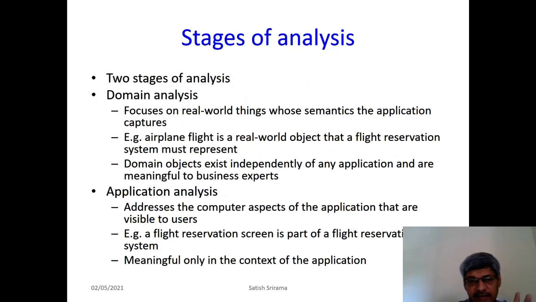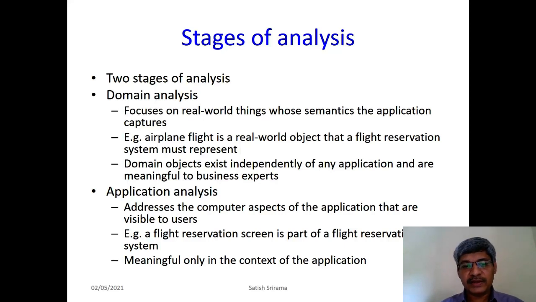The analysis itself has two stages. One is the domain analysis, the other one is the application analysis. The domain analysis focuses on the real world things whose semantics the application captures. So the physical objects related to the application you are developing, domain analysis studies. For example, an airplane flight is the real world object that a flight reservation system must represent.